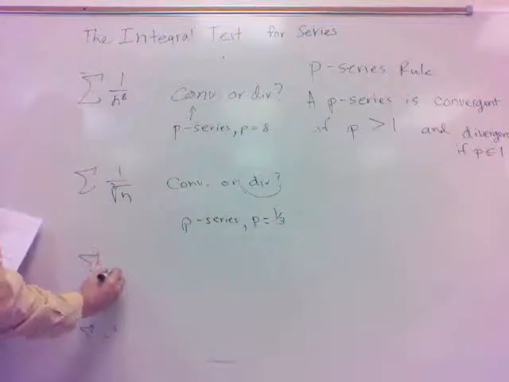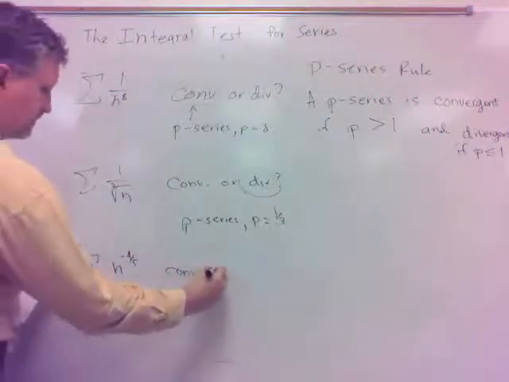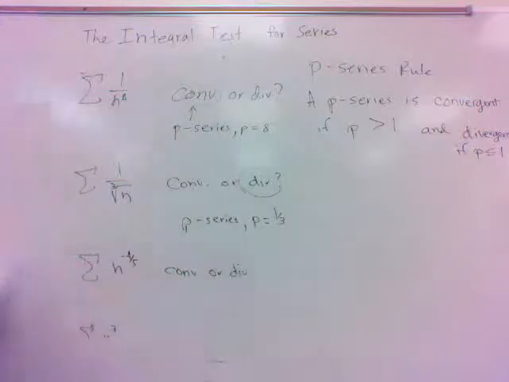One more. N to the negative 4/5. Divergent? Because we've got n as... p is 4/5.